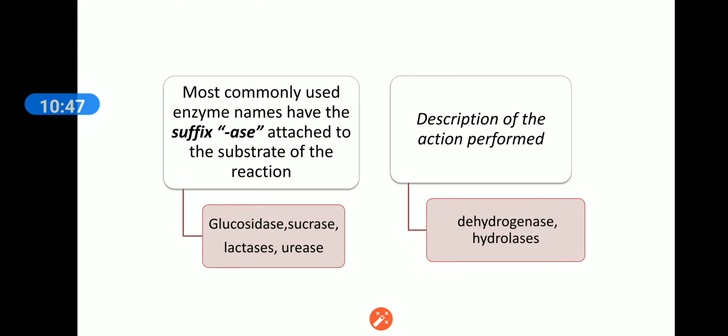If in a substrate water is being added, breaking the larger molecule into smaller molecules, we can name that particular enzyme a hydrolase, or dehydrogenase, which we will see in redox reactions. The systematic name is basically the combination of these two facts.